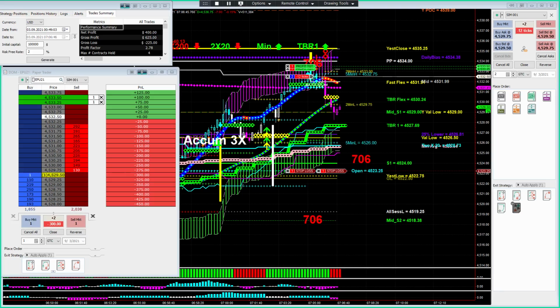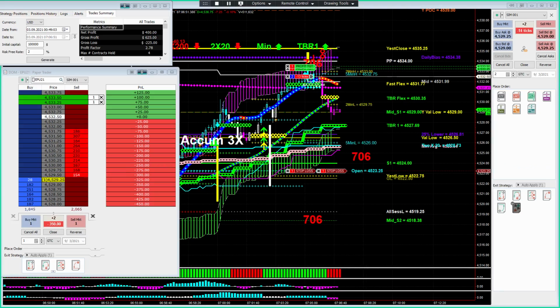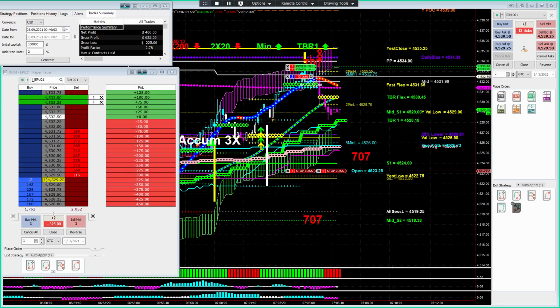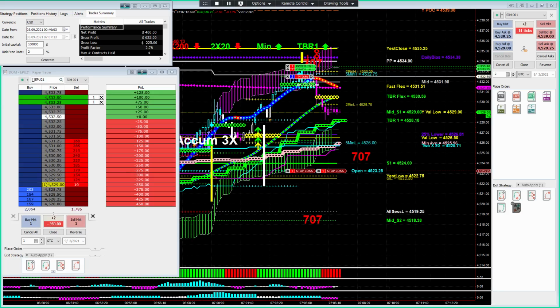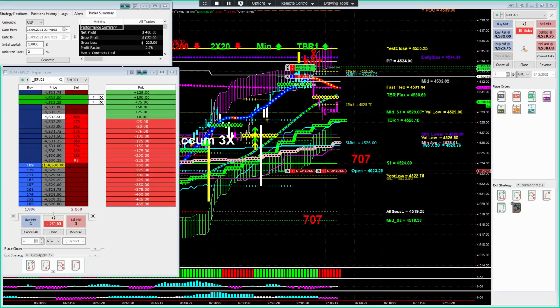If it comes back above this 2-minute close, could potentially add to it and get out earlier. Not adding just yet. 707.